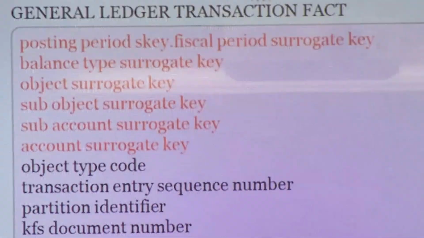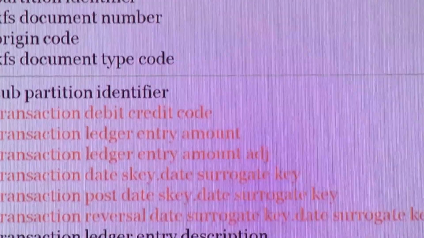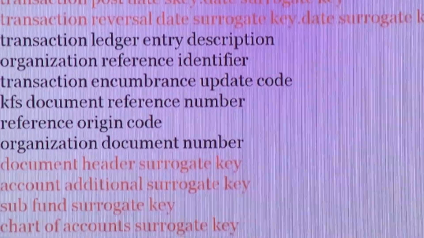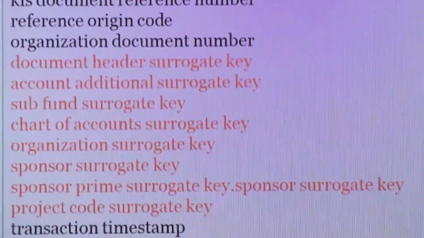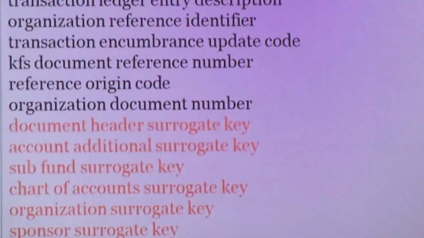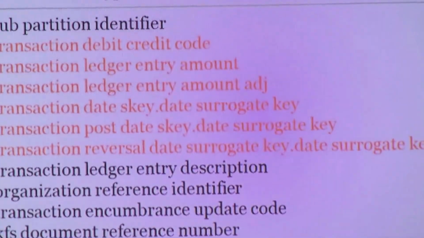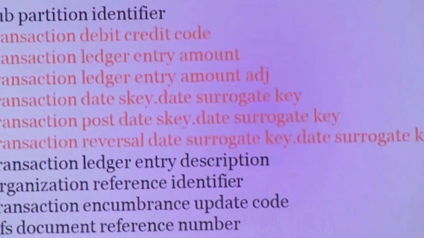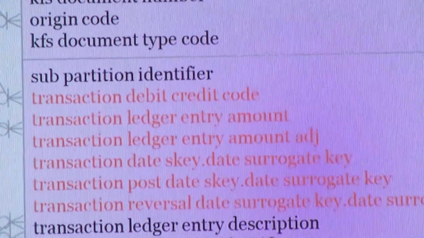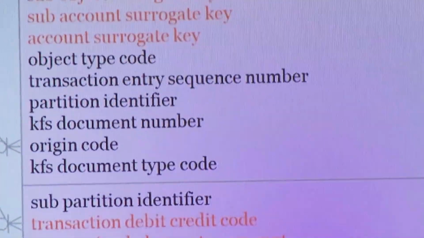We provided amount adjust because, we're IT guys, we're not accountants, so we would look at budget dollars, and budgets had positive and negative numbers. They didn't have a debit credit code. And then we had a debit credit code, and John showed us we could multiply credits by -1 and get the negative, except for 5 different object types where you can't do that. So we've done that for you guys.